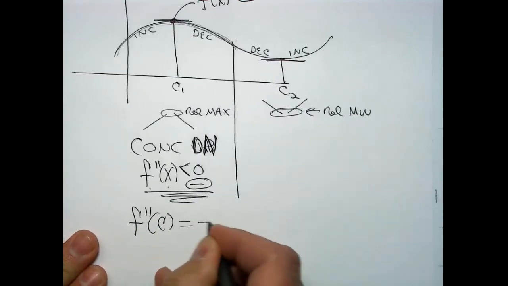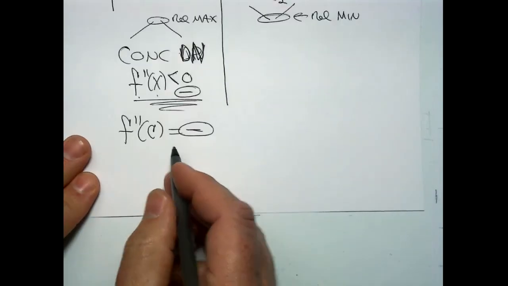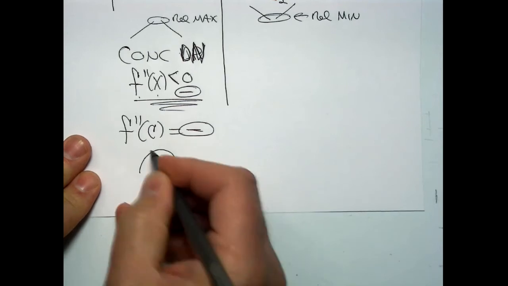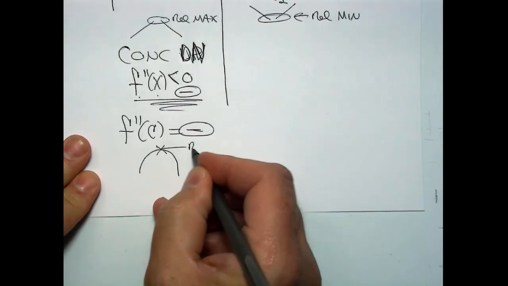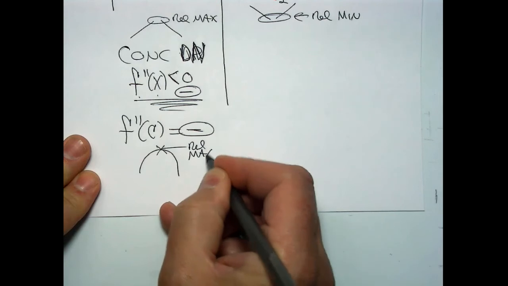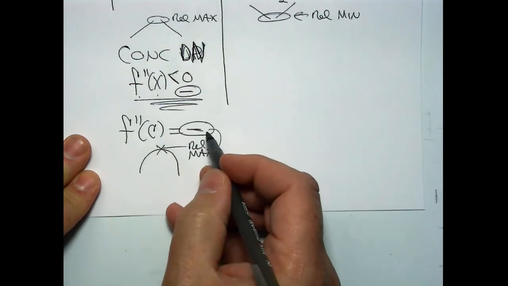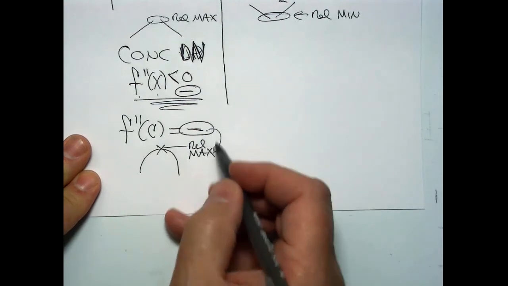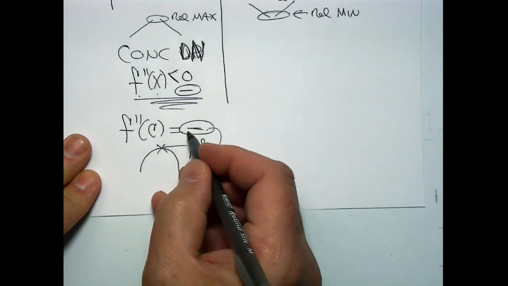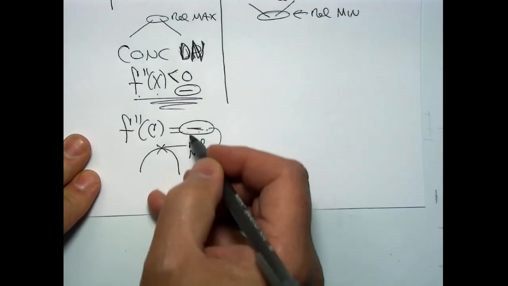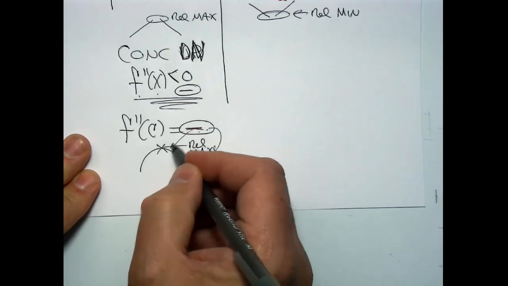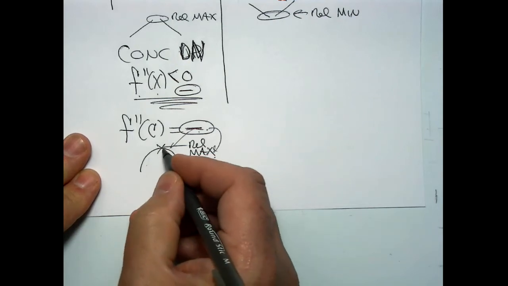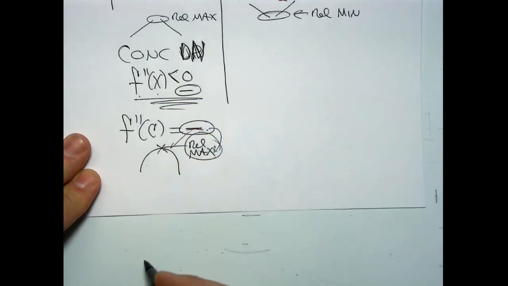And if it turns out that it's negative, what you can say is, I'm in a region of concave down, therefore my critical number must be a relative maximum. You notice it's kind of opposite. It's a negative second derivative, but it's a maximum. So what I would do is take this negative concavity and draw a picture of it. And then I can interpret that to be a relative maximum.